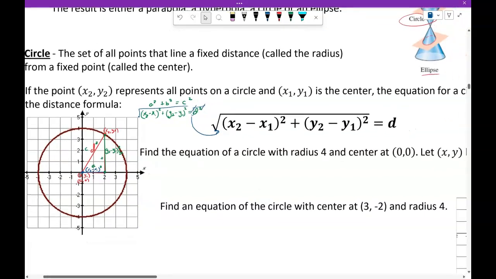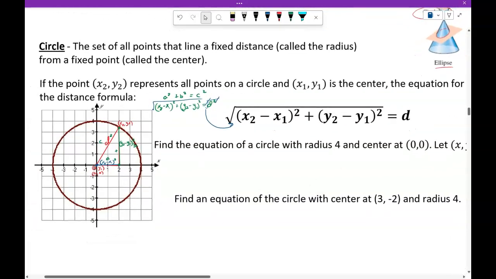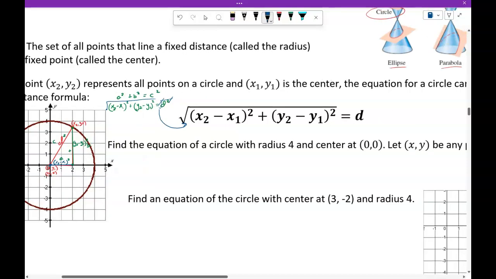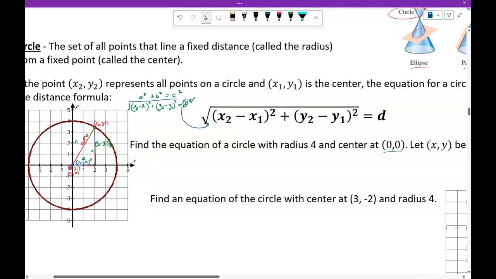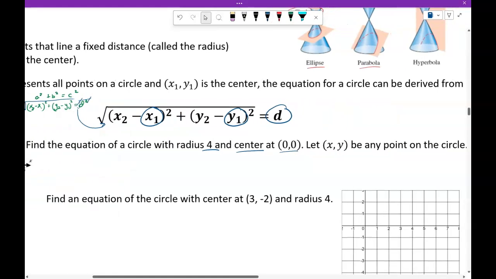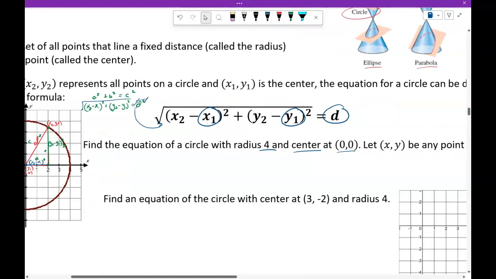So we can use this to find the equation of a circle. If we want to find the equation of a circle with a radius of 4 and the center at (0, 0), we use (0, 0) as the x1 and y1 coordinate, whatever our center is, and our distance is known as 4. Then we can find an equation that models all of the points that satisfy that condition, where x and y is any point on the circle.